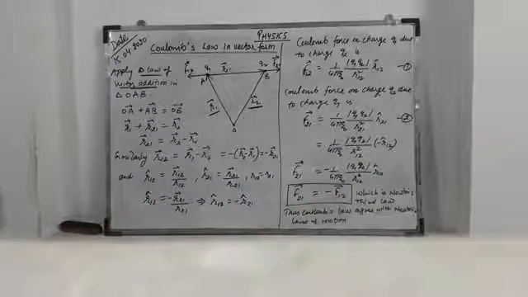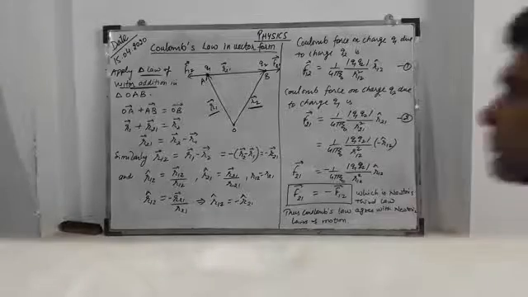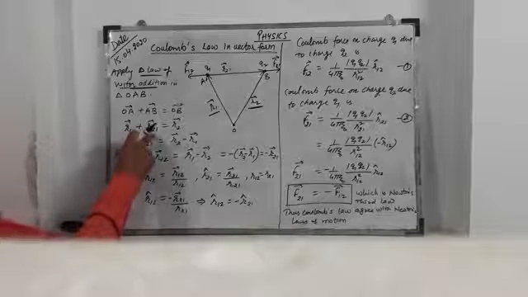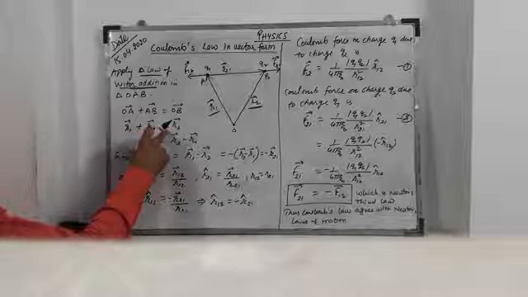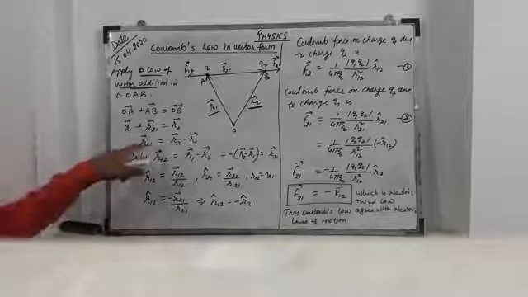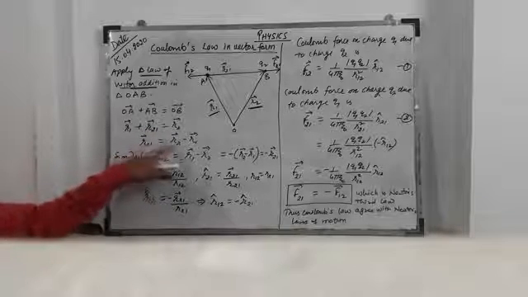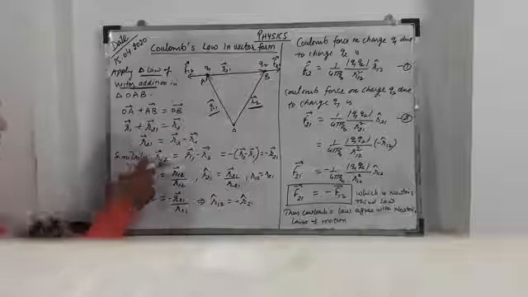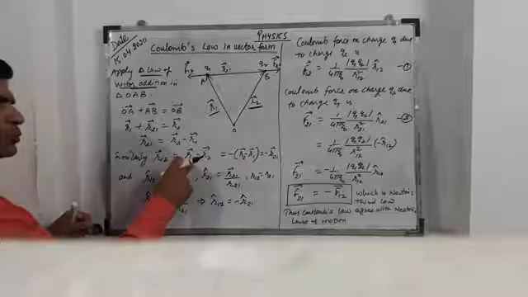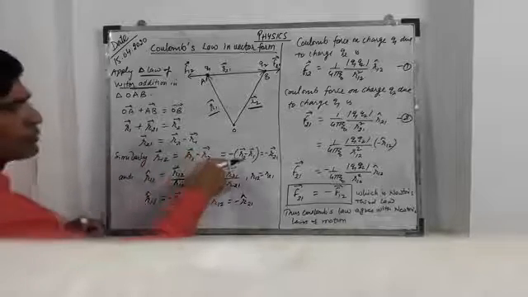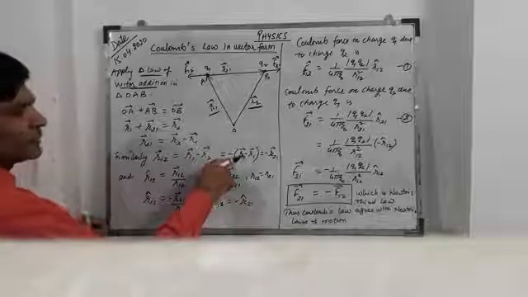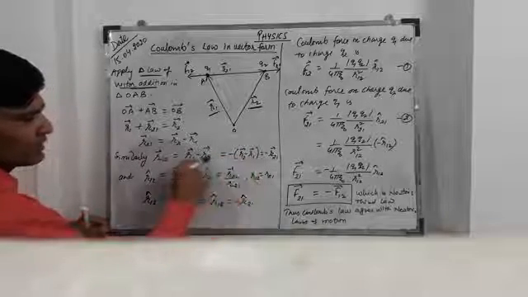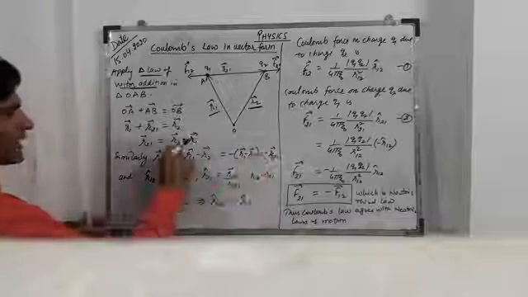Putting the values, R1 plus R21 is equal to R2. Then R21 is equal to R2 minus R1. Similarly, R12 is equal to R1 minus R2. If we take the negative sign common, then we get R2 minus R1.